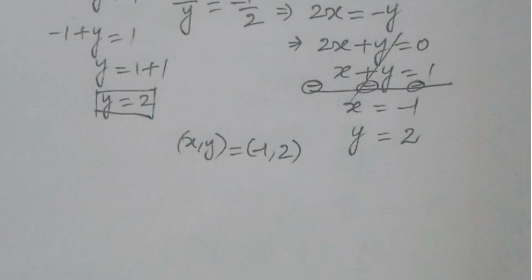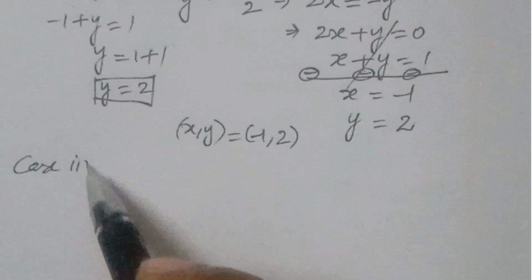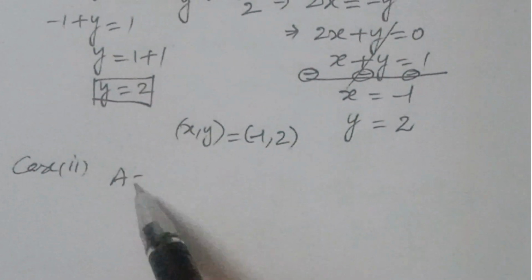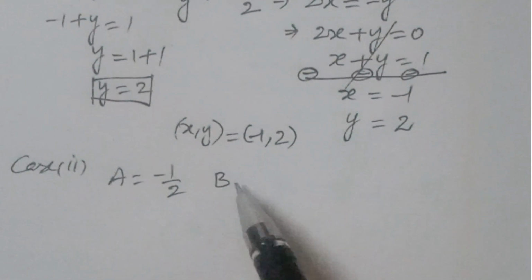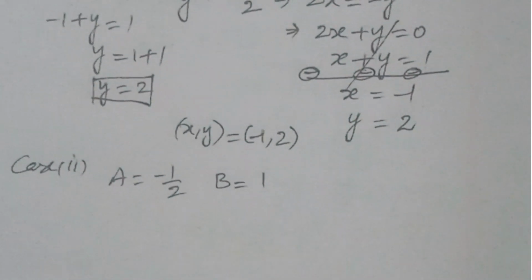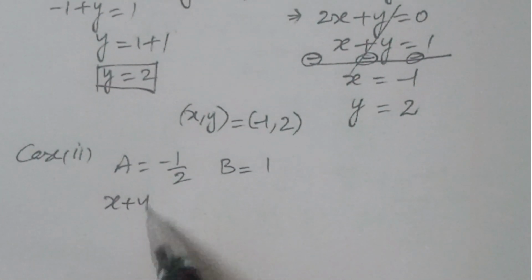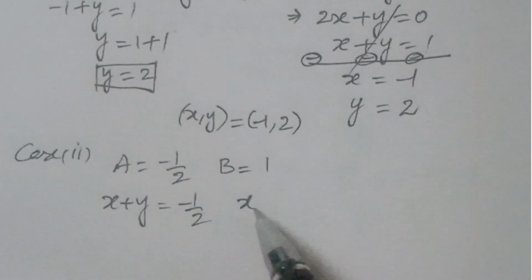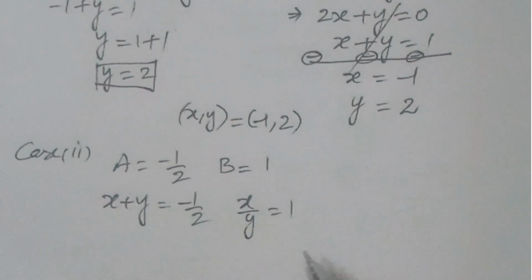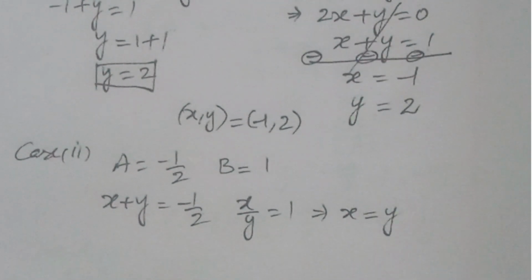So if you take case 2, here in case 2, a value minus 1 by 2, b value 1. So what is a? x plus y is equal to minus 1 by 2, x by y is equal to 1. That implies x is equal to y.